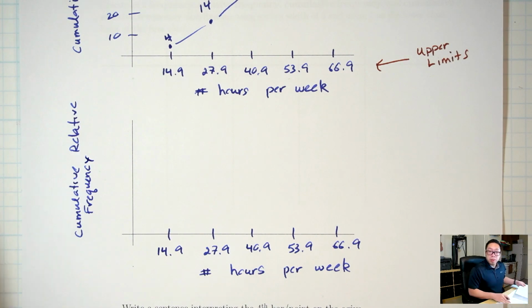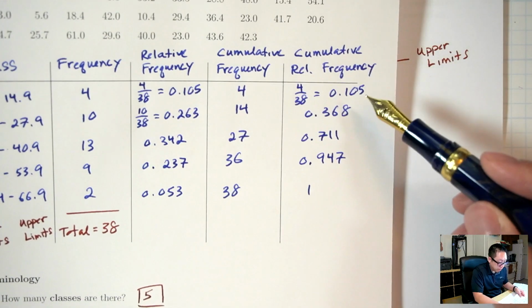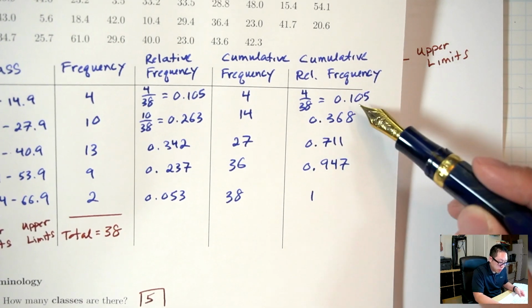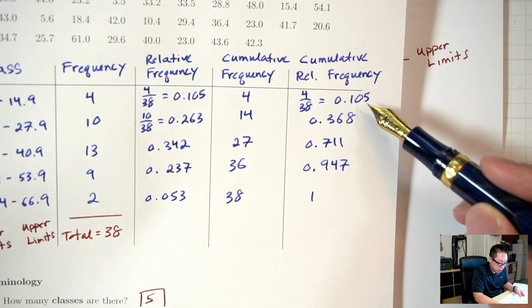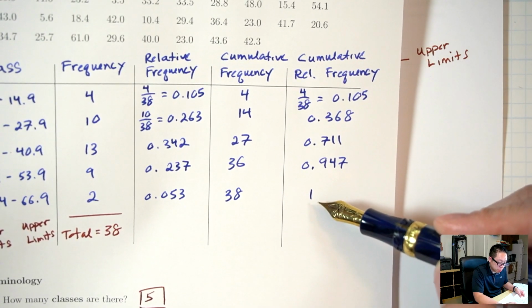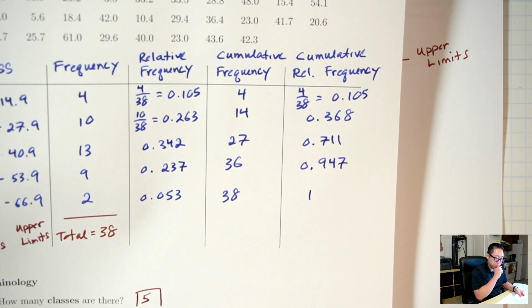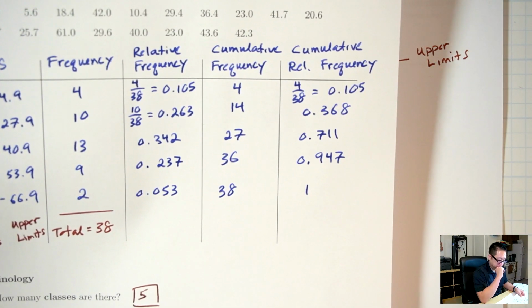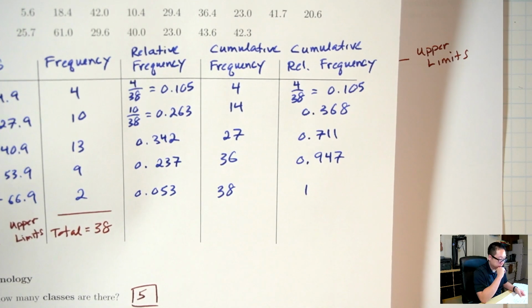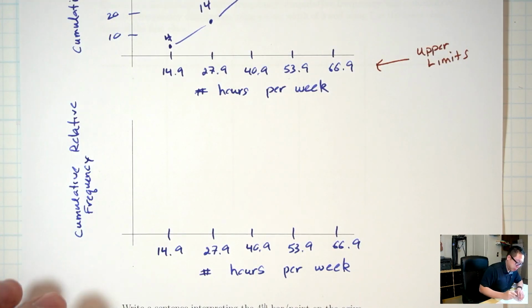All right, my cumulative relative frequency, 0.105, all the way up to 1.000. So I think I am going to go by, how should I do this? I think I'll make it easier myself.